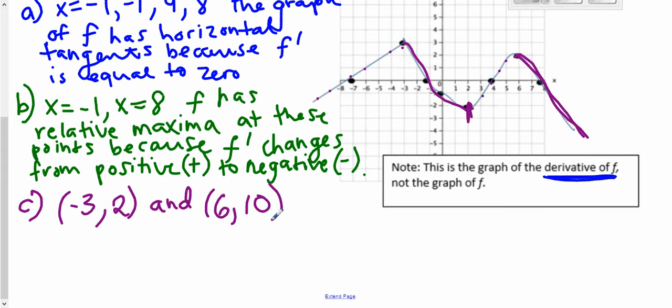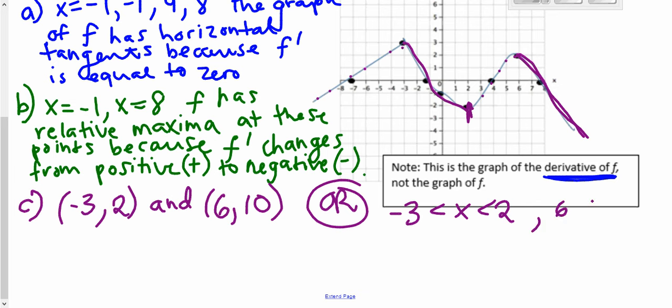Or you could write it as an inequality. You could write it like this. So we would have -3 < x < 2 and 6 < x < 10. So that would mean x is in between -3 and 2, and x is in between 6 and 10. So either of those you can write.